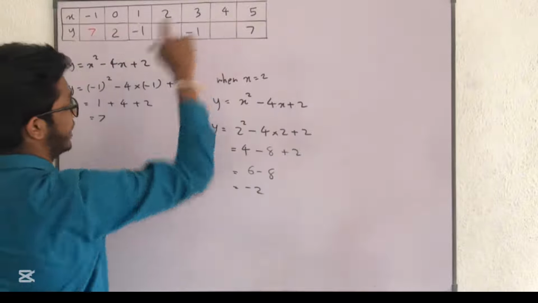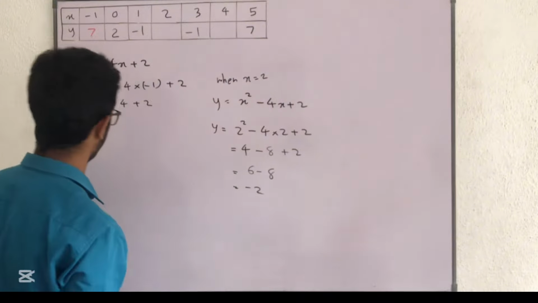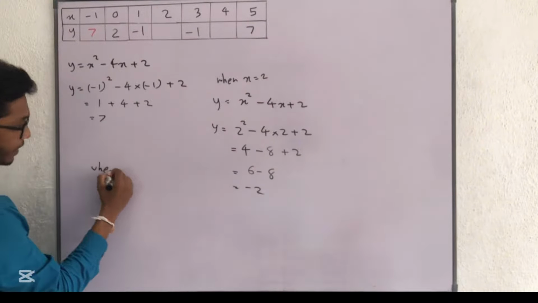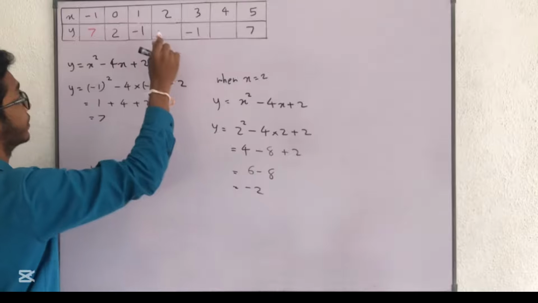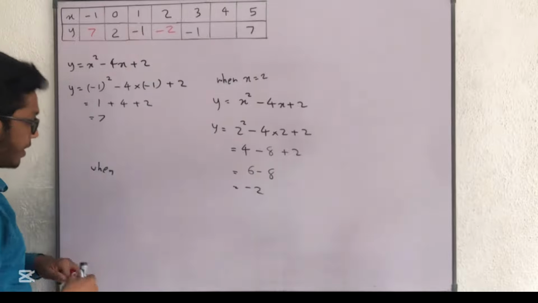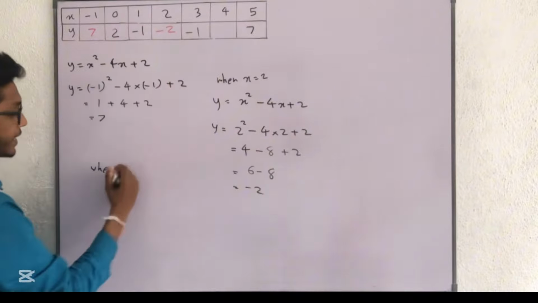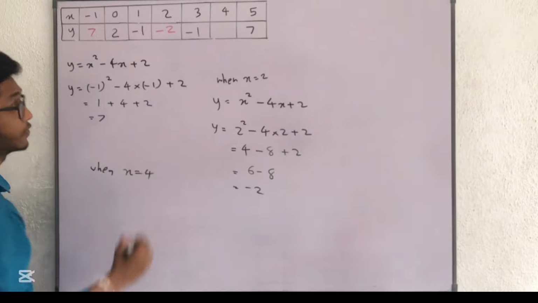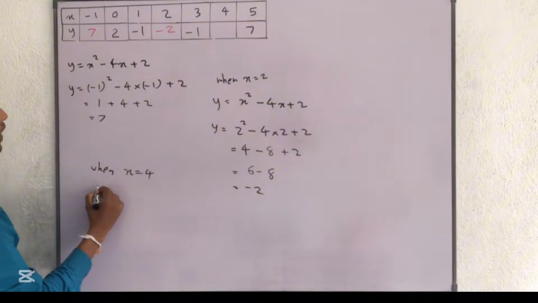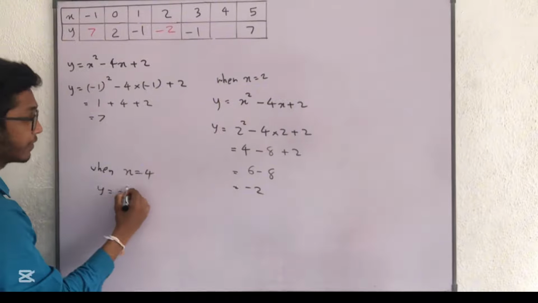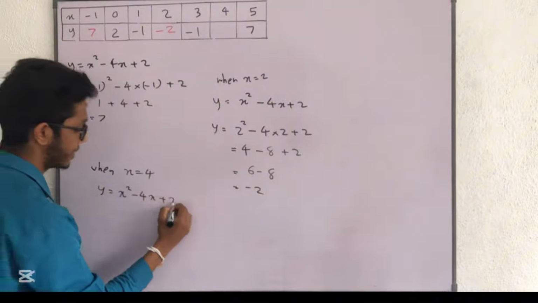And then we have to get the y value when x equals 4. I'll write it first, minus 2. Then we find the y value when x equals 4. Y equals x squared minus 4x plus 2.